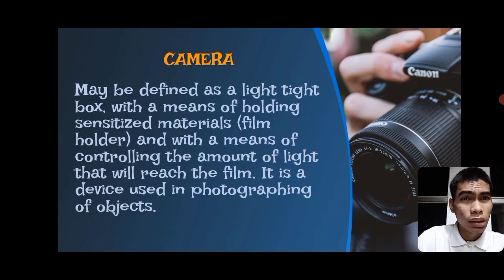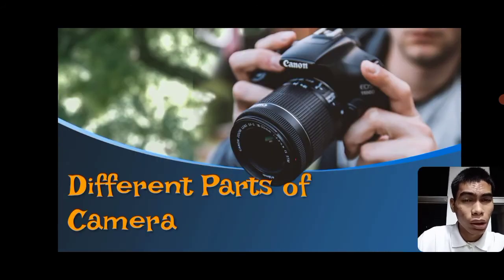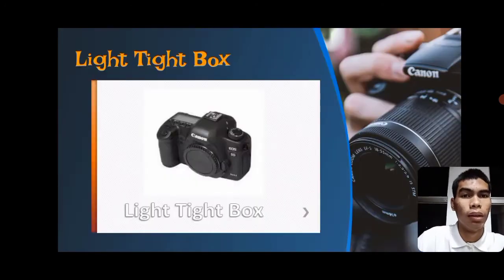So the next is the different parts of the camera. The first is the light box. Light box is a box designed to keep out light and serve as a frame to hold the other parts of the camera.